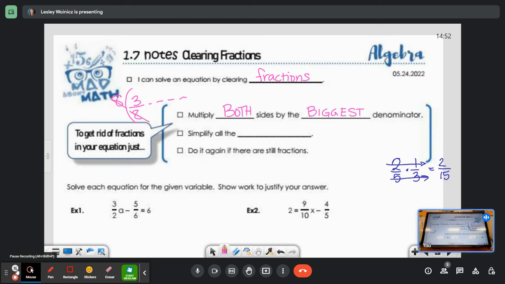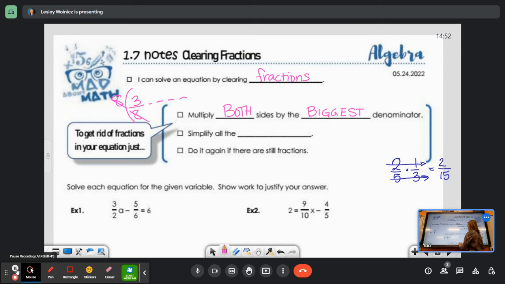Right? So that's why I have to pick the biggest denominator to multiply by, because the number that I pick to multiply by has to cancel my biggest denominator. Cool? If I don't pick a big enough number, am I going to still have fractions? Yeah. So if your number isn't big enough, you're going to be stuck with fractions still.